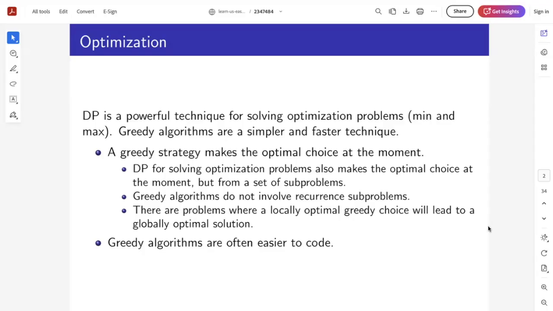So today we're going to look at the greedy strategy. The greedy strategy is used to solve optimization problems. By greedy, it simply means that instead of looking at a recurrence relation, sometimes it is possible just to use one strategy, which means that we don't need to look at several subproblems.